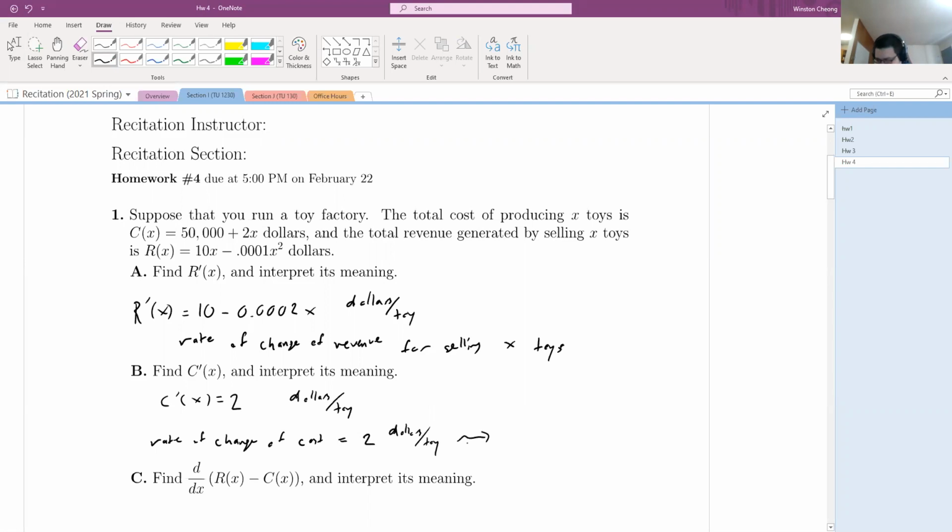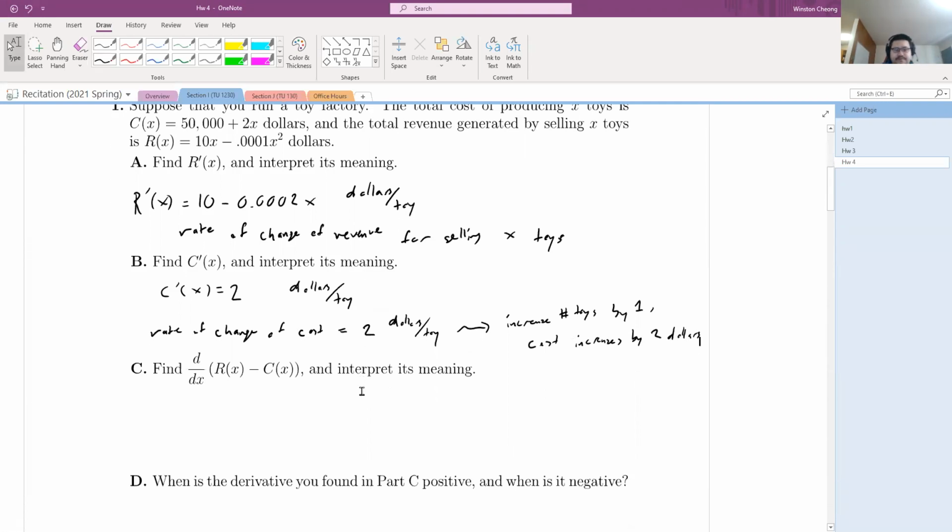And another way of phrasing it is if you increase the number of toys by 1, then the cost will increase by $2. Right, just another way of interpreting what this is saying. Okay.